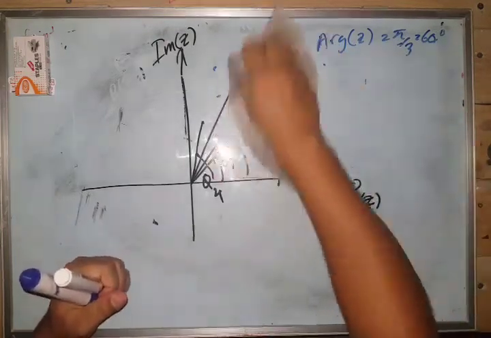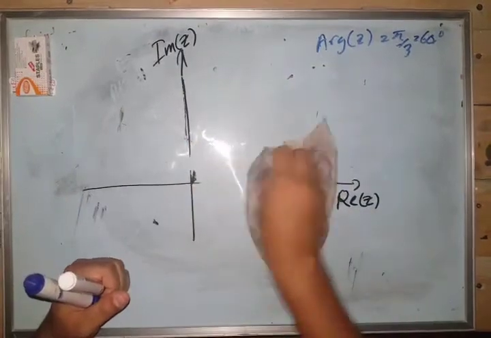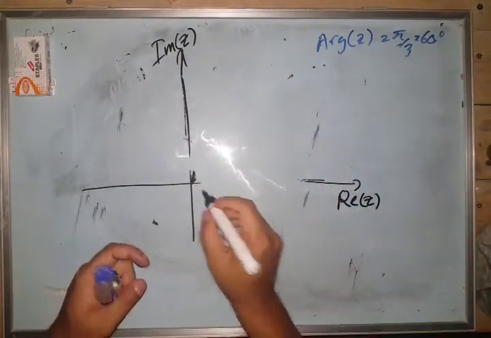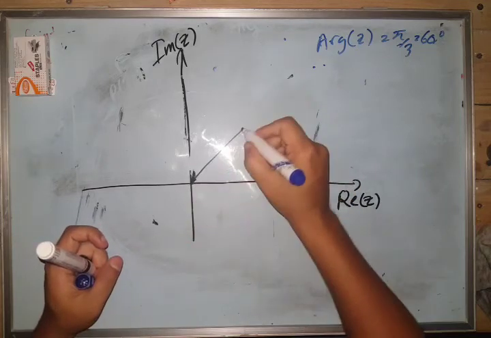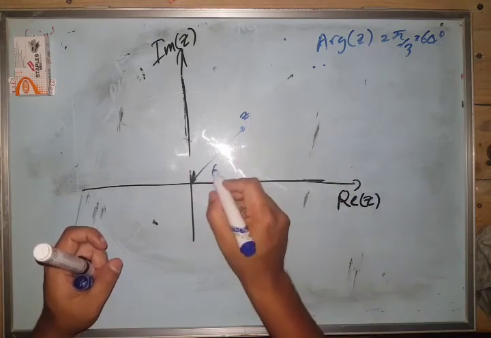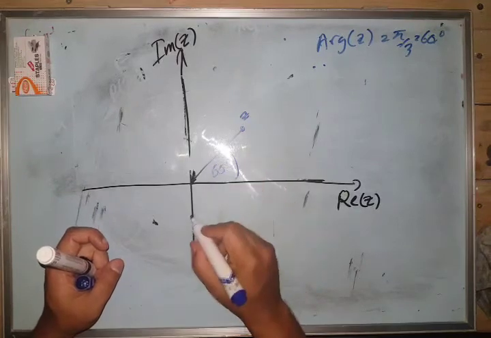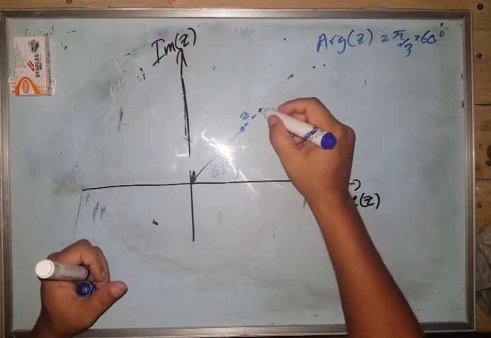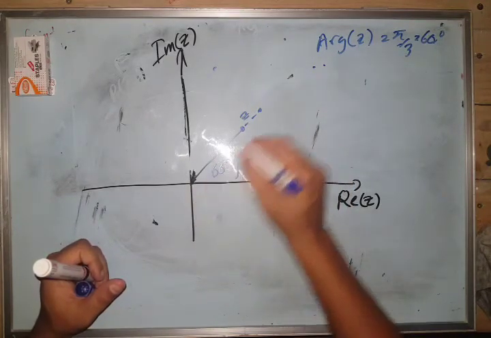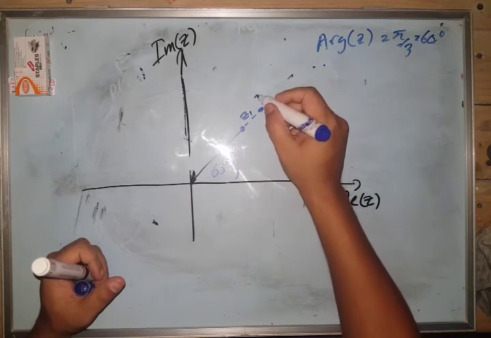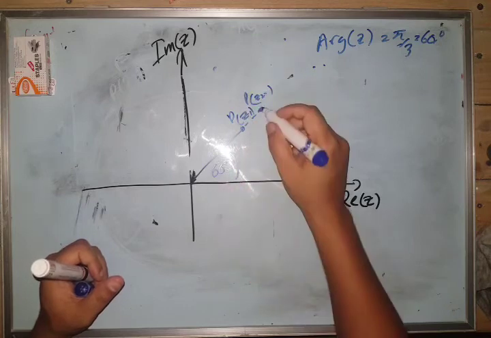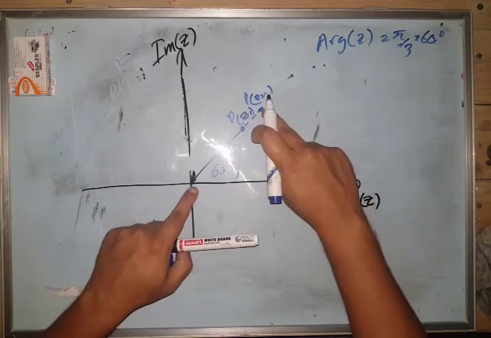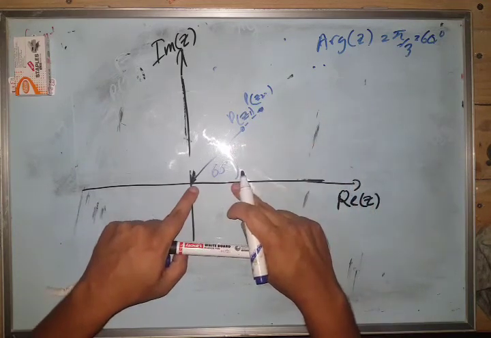So we'll look at one option: let's say I find z such that the angle is 60 degrees. Also I can find a point on this line. So on this line z1, let's say z2, this complex number also has an argument of 60.